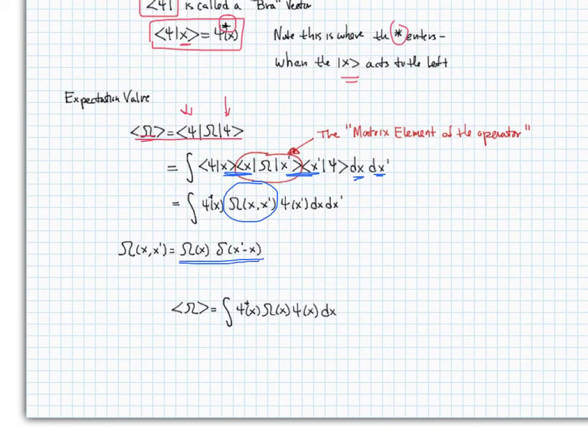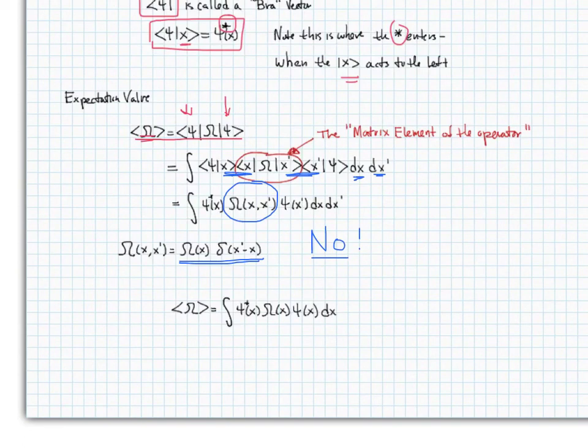Now there are some interesting things that go on. Do all operators have to look like this? Do they all collapse to that? The answer is no. There are some very interesting operators that do not collapse in x and x prime. We won't do anything with them in this course. They're called non-local operators. Every operator we're going to deal with in this course looks like this.